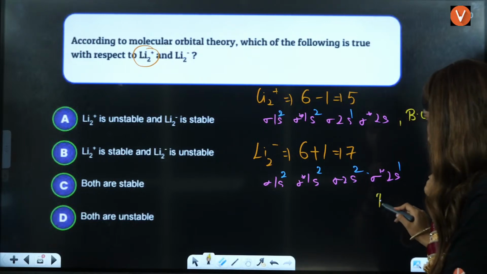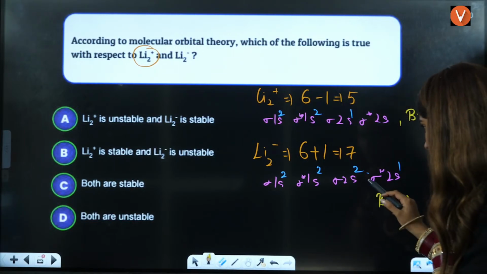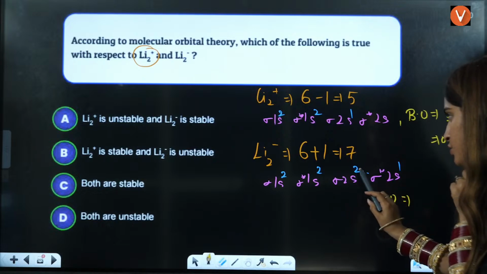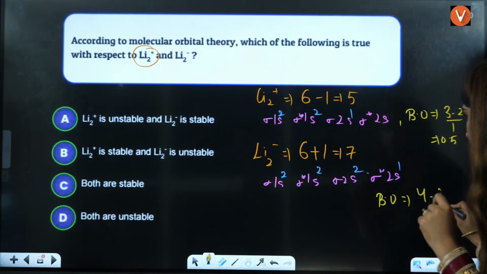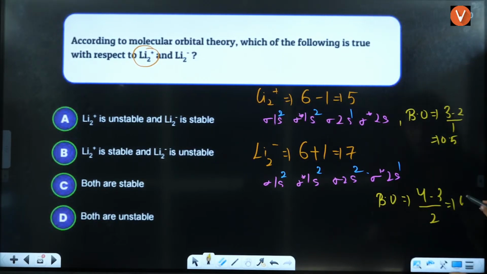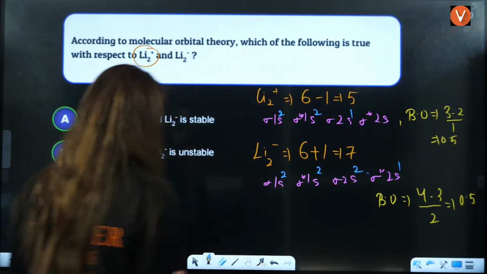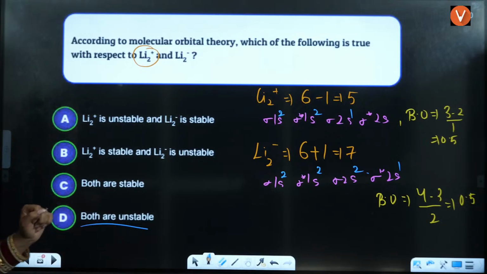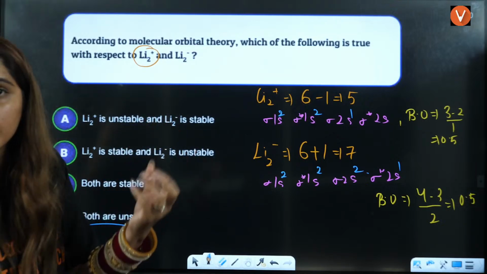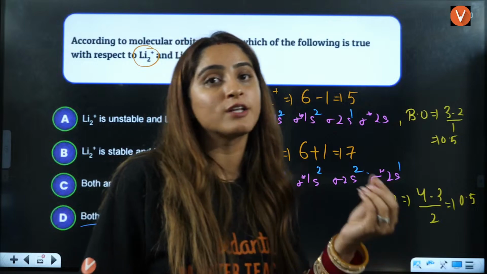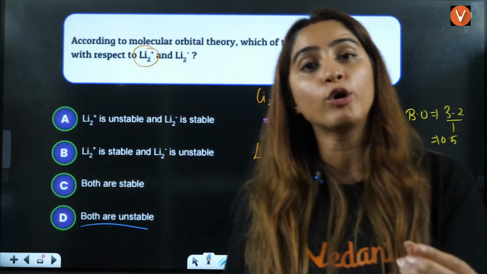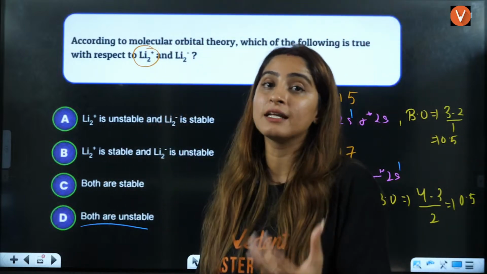Here the bond order is bonding 4 minus 3, divided by 2, that is again 0.5. Can we say that both are unstable? Both will be unstable because if bond order is 0, it does not exist. Bond order is 0.5, then it is very unstable.